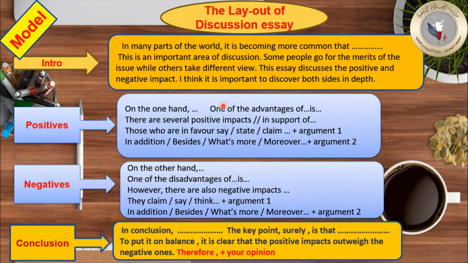Some people go for the merits of the issue while others take a different view. This essay discusses the positive and the negative impact. I think it's important to discover both sides in depth or detail.